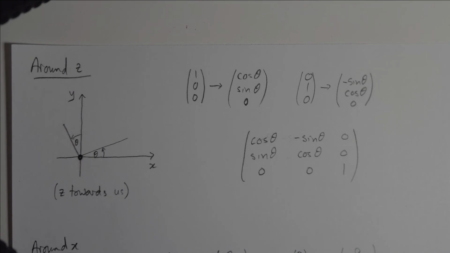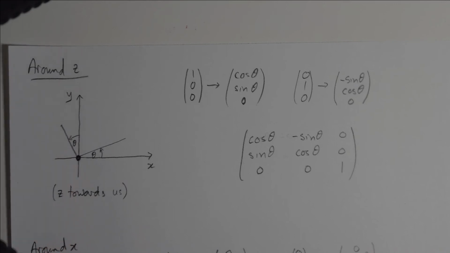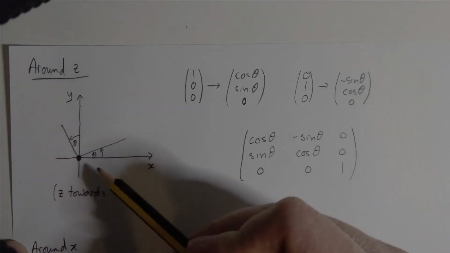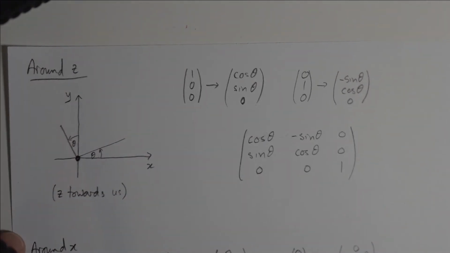They point in the direction that they point in, and then when you move x towards y and y towards z and so on, then you've got the appropriate directions. So this is one such situation. Suppose I was rotating around the z-axis. I want z to be coming out into our face. It's coming out of the page. So you can't see the z-axis. It's coming straight up towards us. Now the positive direction, anti-clockwise, I think you can see quite clearly, anti-clockwise there.